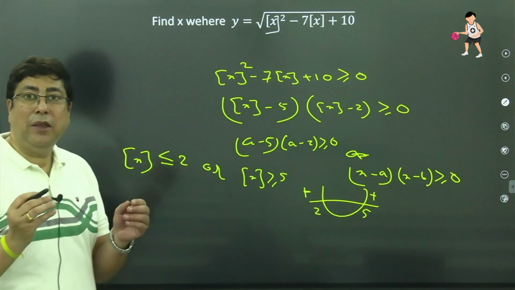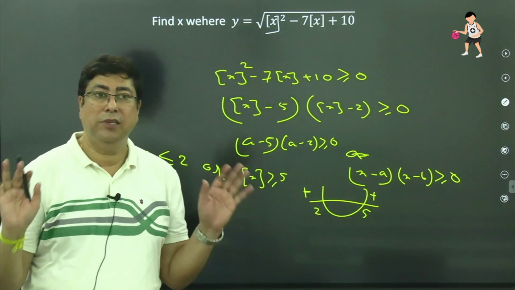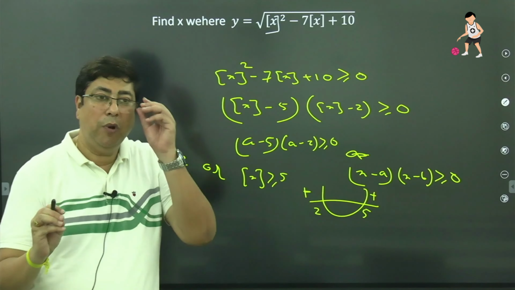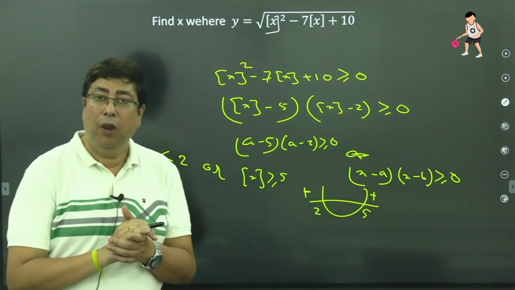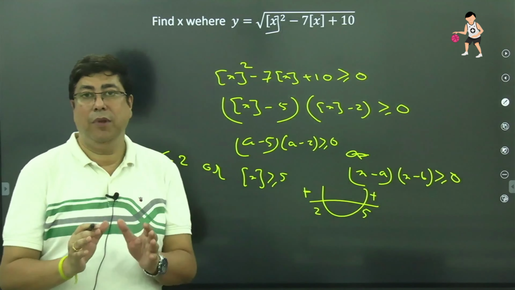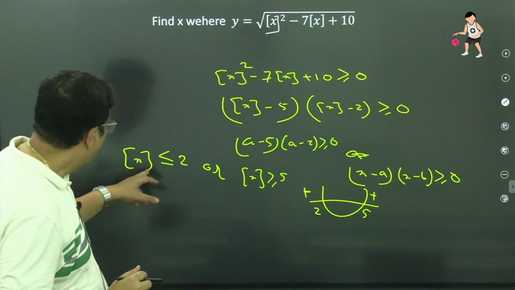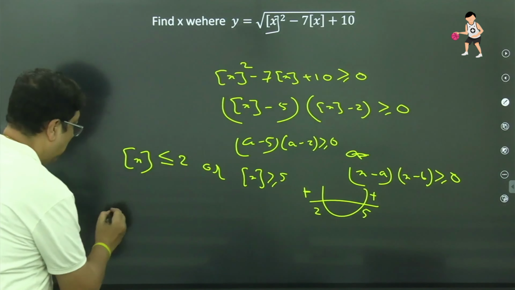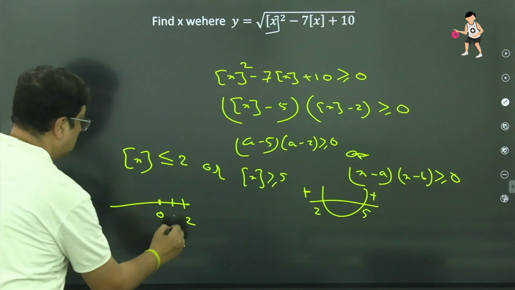Once again, you have to practice at home, everyone. There are formulas, and I'll give you the most important formulas regarding the floor function, whatever you have applied. All can be done by the formulas, but whatever I'm telling you, understand this very physically. Just see one thing, floor x less than equal to 2. Suppose this is 0, this is 2, this is 1.